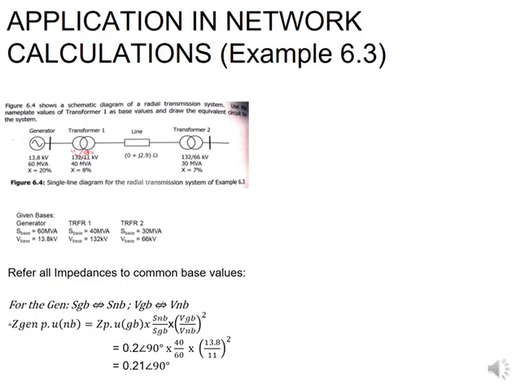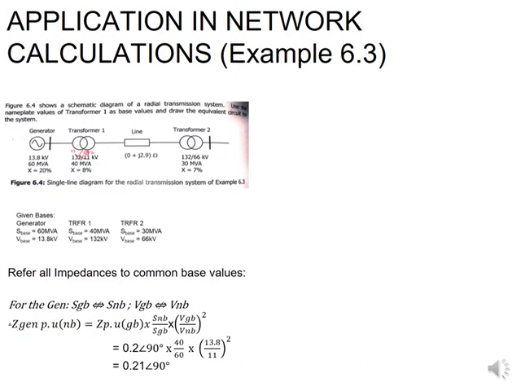And then for our voltage, as I've already mentioned, your given base for your generator is 13.8, but your new base is 11 kV, which is the transformer closest to it, the transformer that you feed the generator into.